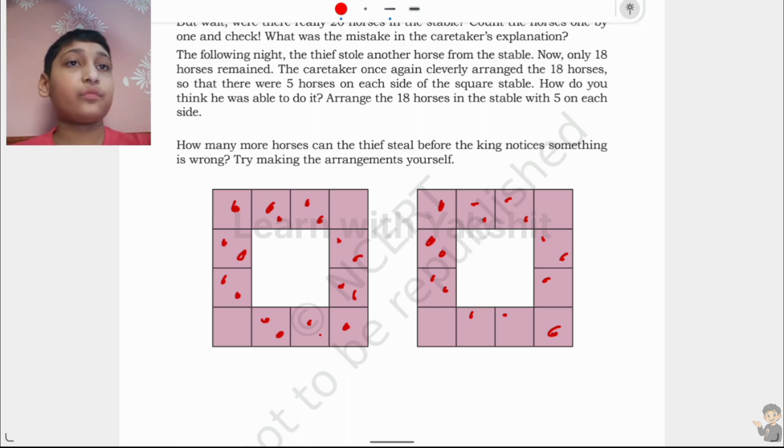Hey, I think 15 looks obvious. There's only 3 on this side and 4 on this side. These are taking too much space.